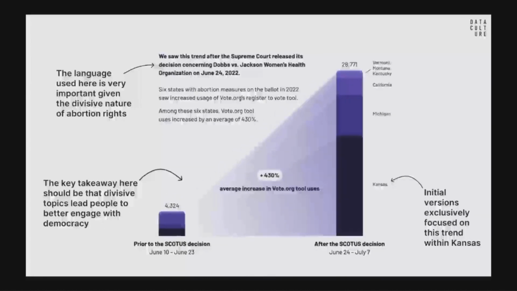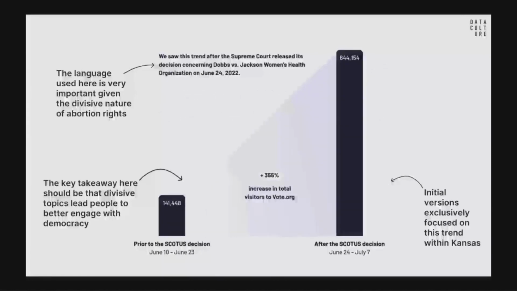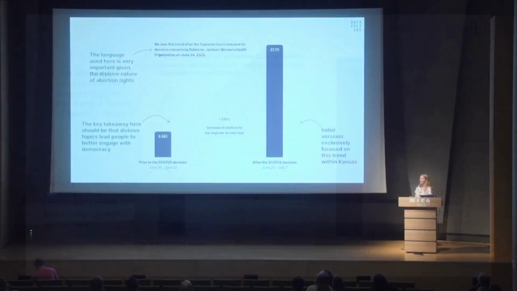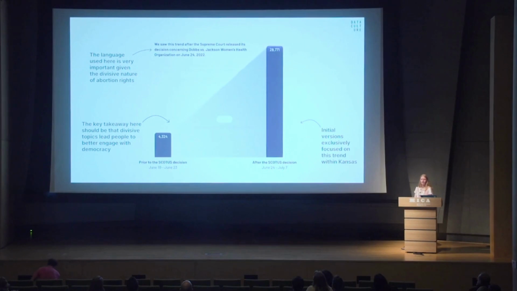And this decision is related to abortion rights, and so obviously is very divisive, and we had to be very careful here. So again, this is where the language comes in, and if you mention somebody being pro-choice versus pro-life, you're starting to put that partisan spin on it. So being very particular in that was important here.